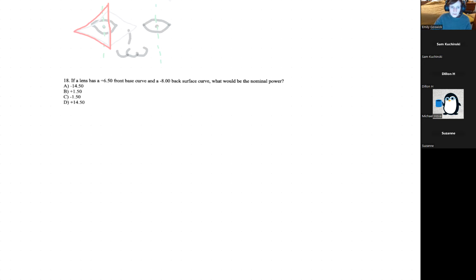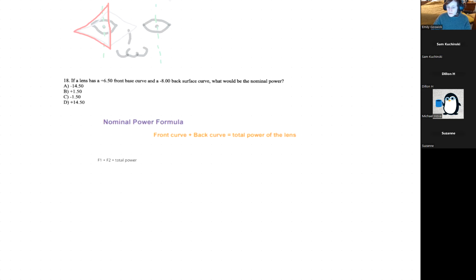So I'm just going to quickly remind you guys what the nominal lens formula is from our readings. So nominal power formula is the front curve plus the back curve equals the total power of the lens. I think we also learned this as F1 plus F2 equals total power.